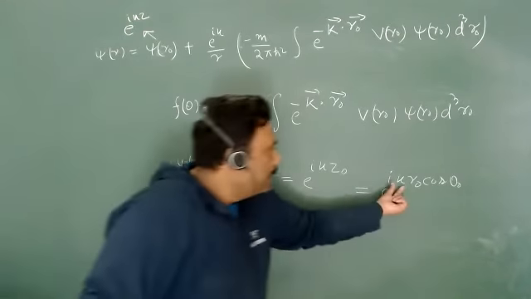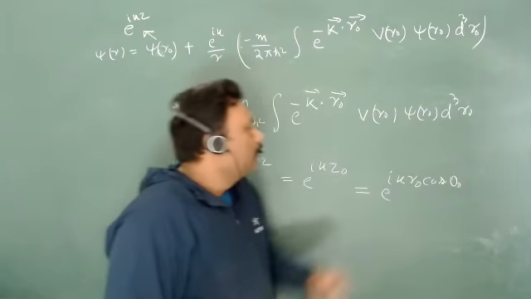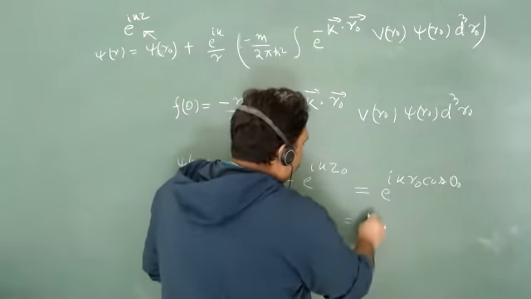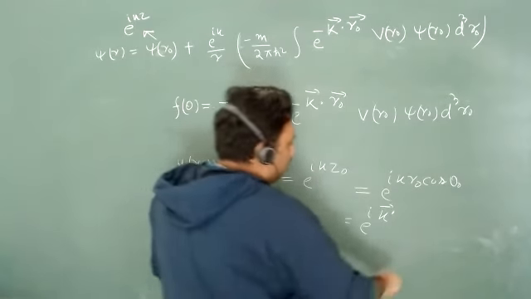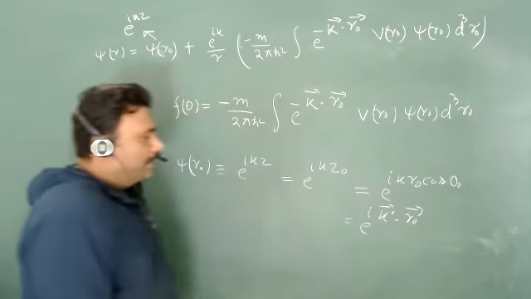And this k and cos theta naught together give some other number, so I can write this as e to the power i, with a new wave vector k dash, dot r naught. You can write that, right?